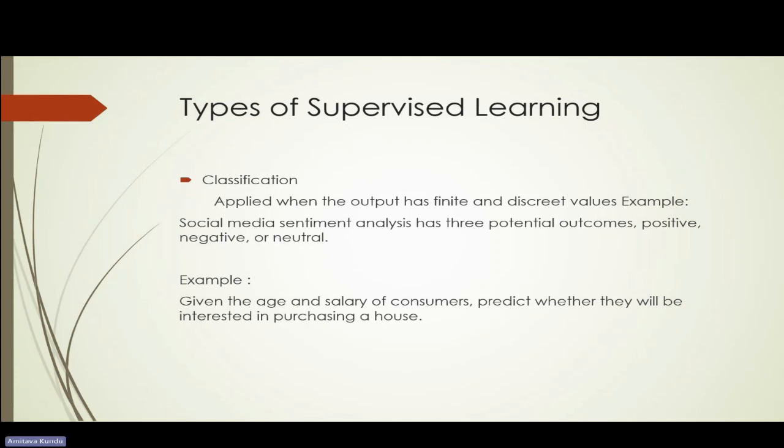So you are going to classify either the person is eligible for a loan, yes, or he is not eligible for a loan, no. So you are going to define the output in the format of 0 and 1 or true or false. That type of supervised learning is called classification.